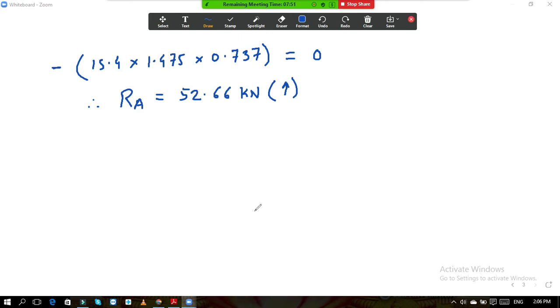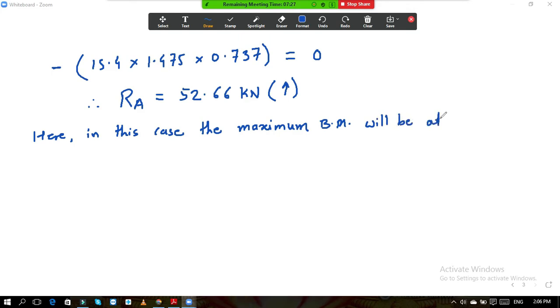Okay, so in this case the maximum bending moment will be at the center.